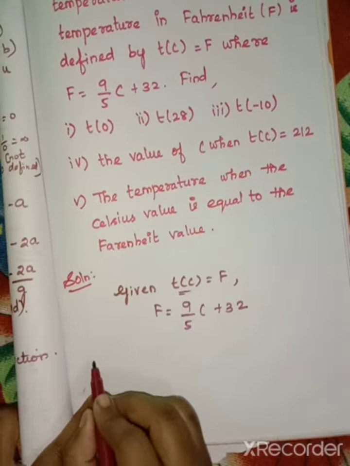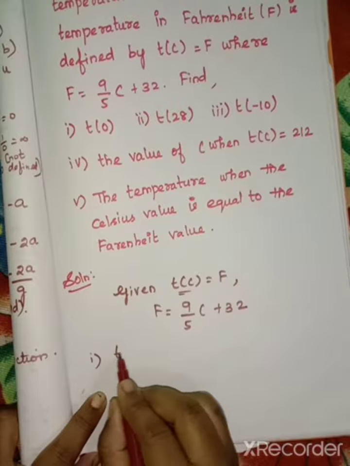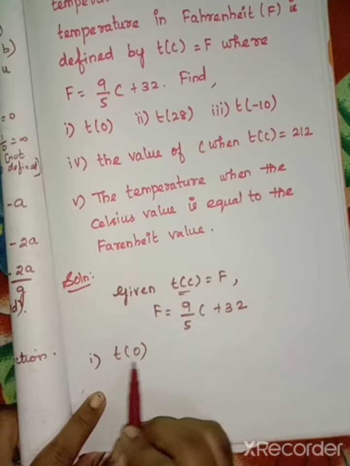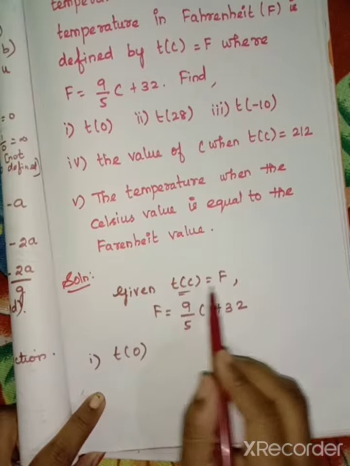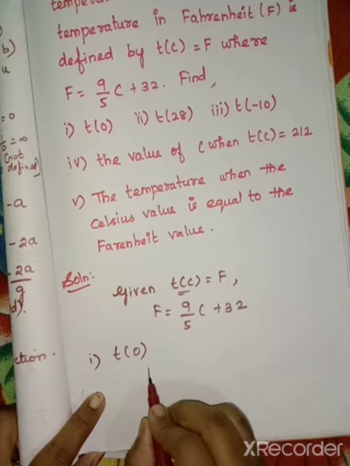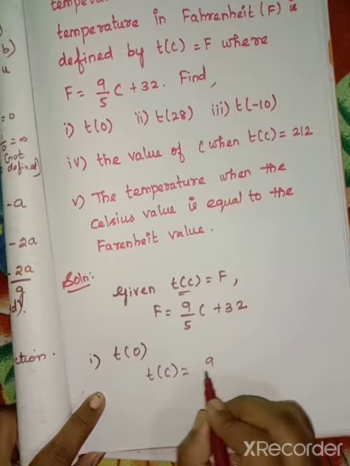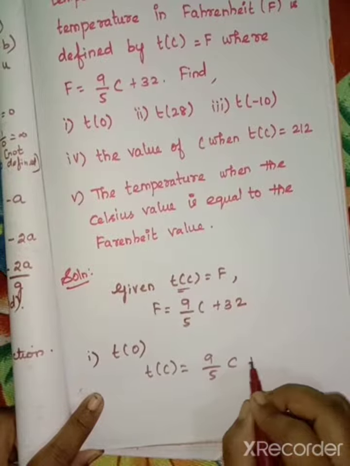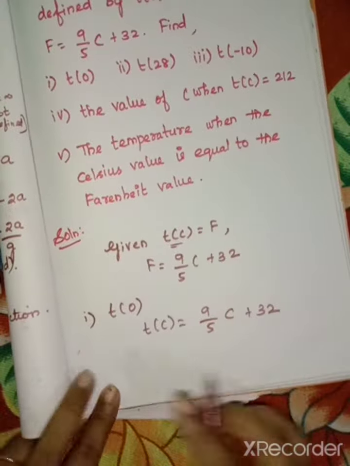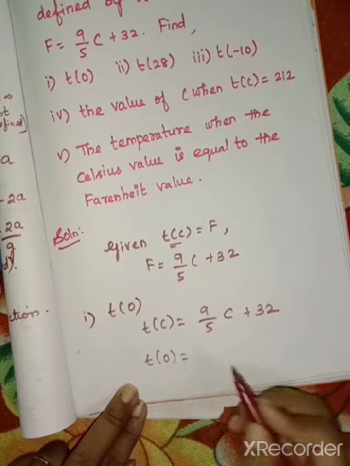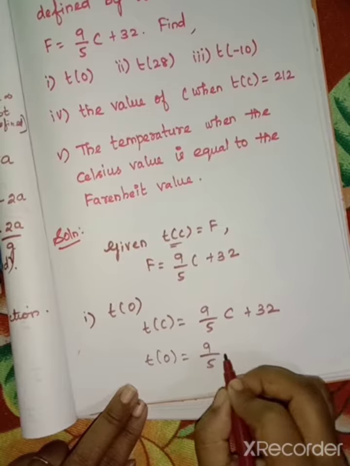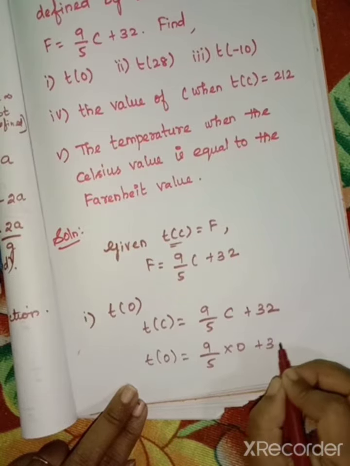So first of all, we want to find the first one, T of 0. T of 0 means we have to substitute in this value alone, because T of C and F is equal. So T of C equal to 9 by 5C plus 32. In place of C you have to substitute 0. So T of 0 equal to 9 by 5 into 0 plus 32.